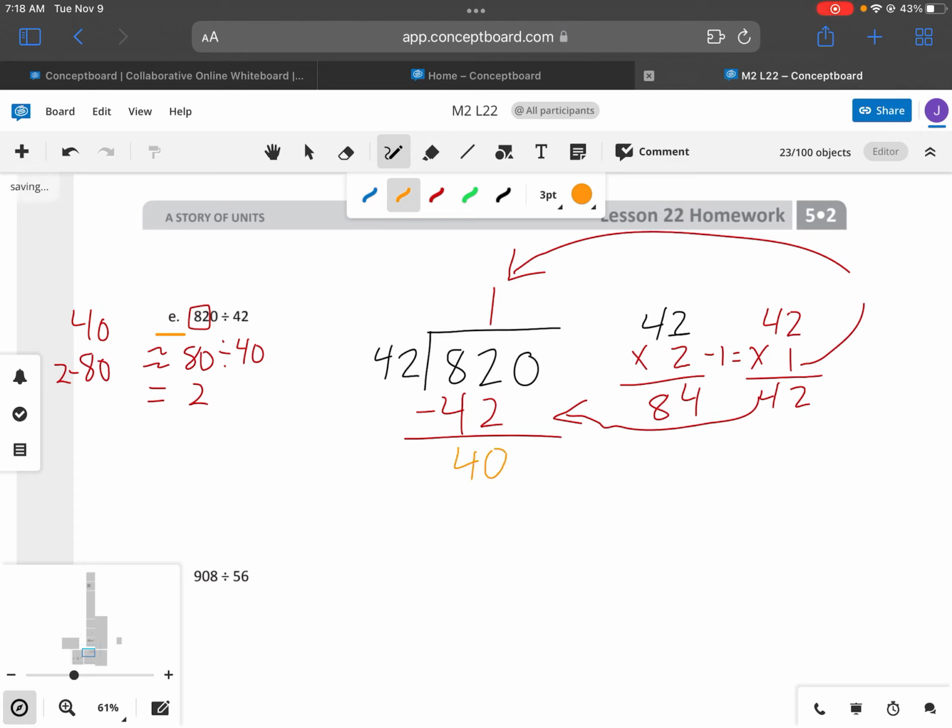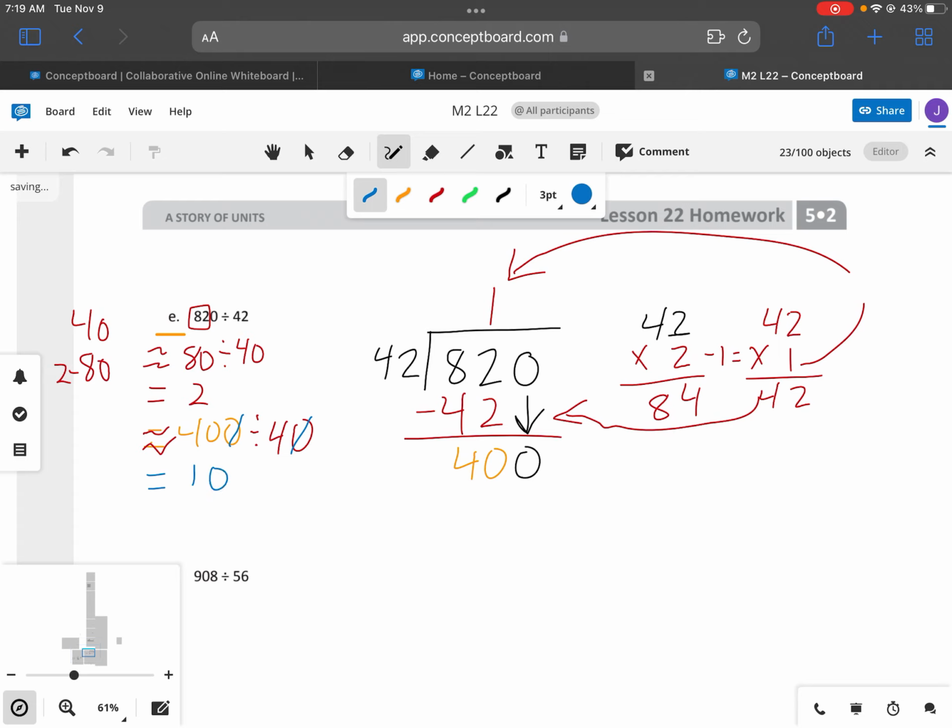Now I'm going to bring down my 0 here, and now I have 400 divided by 42, or 400 divided by 40 for my estimation. And when I do that one, hopefully you see that it's basically 10.